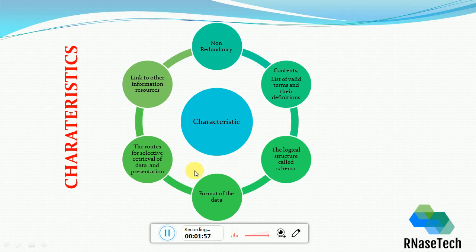Next is the route of selective retrieval and presentation of data. It basically means it should be easy to submit the data to a database and it should also be easy to retrieve the data from the database. Next one is link to other information resources.